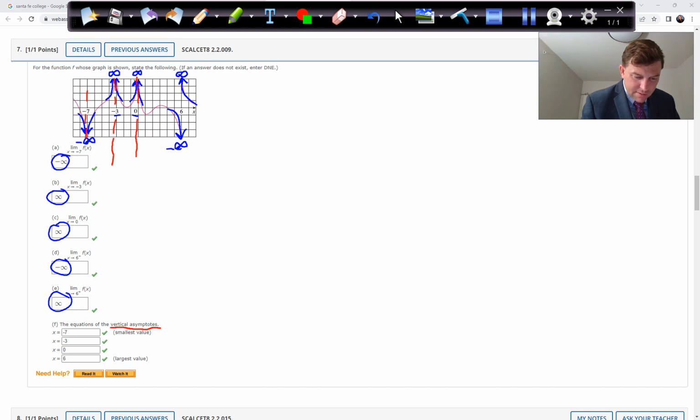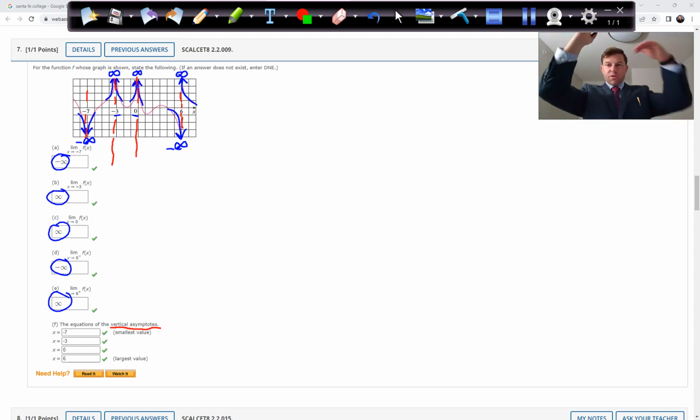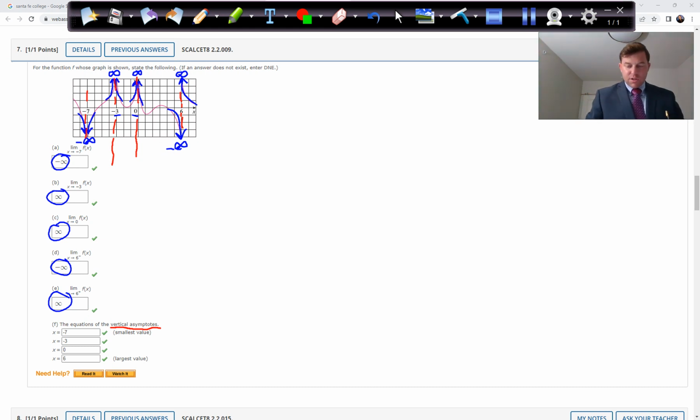So at negative 7, negative 3, 0, and 6, we have what are called vertical asymptotes, because your function is going straight up or straight down, or both up or both down, going to infinity. And you can prove these, so you would say, okay, these are vertical lines. So x equals minus 7 is a vertical asymptote. That's the first one I drew. Then x equals minus 3, then 0, then 6.